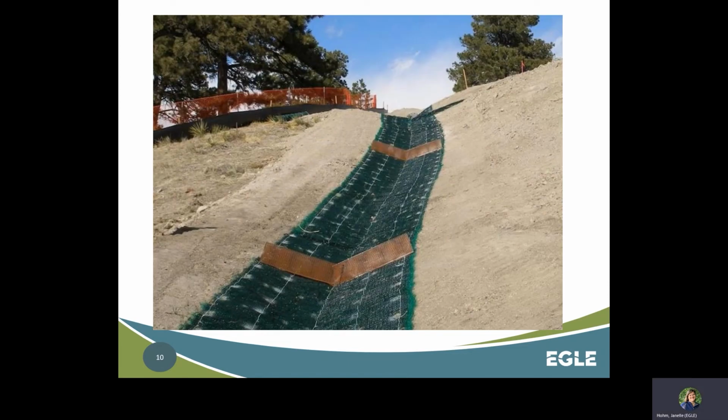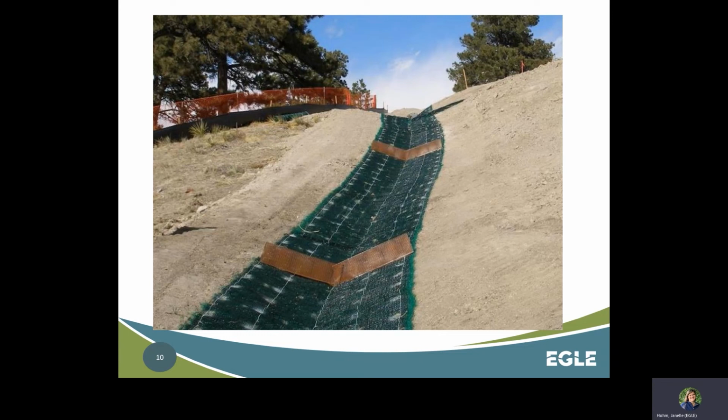Here we see turf reinforcement mat and temporary check dams. Again, this is a permanent structural support for vegetative growth. Once grass is established, the turf reinforcement mat is comparable to 36-inch riprap in preventing erosion.